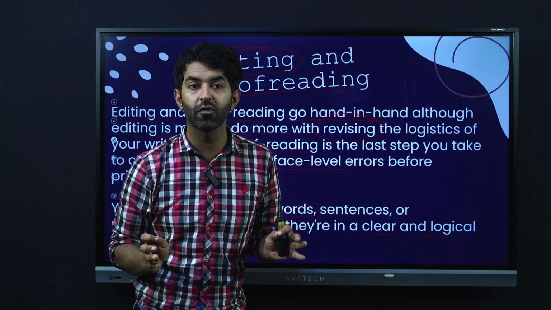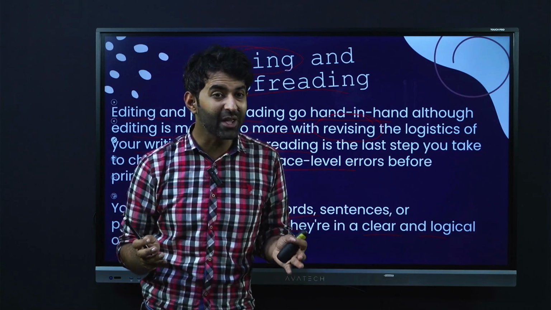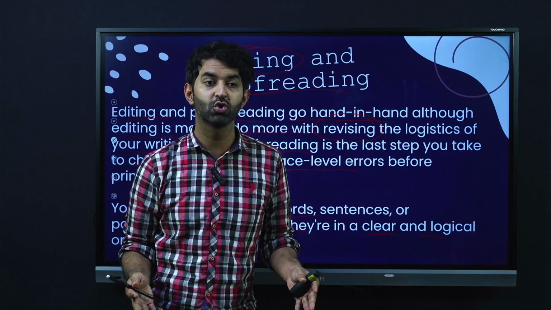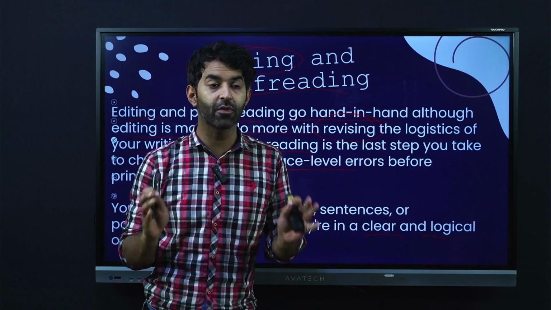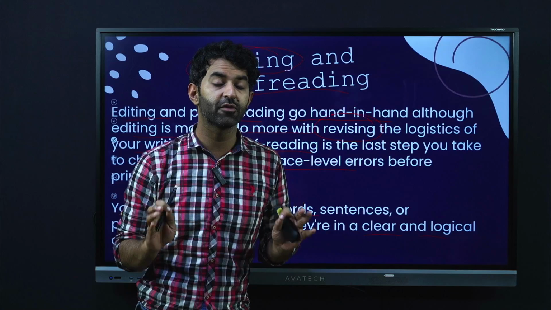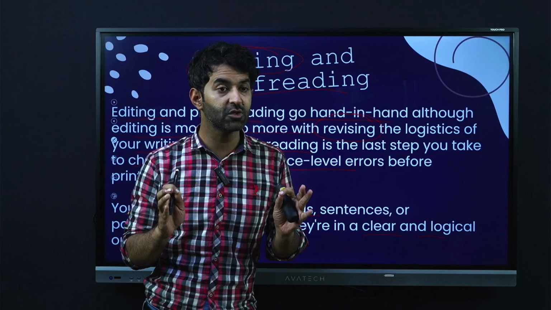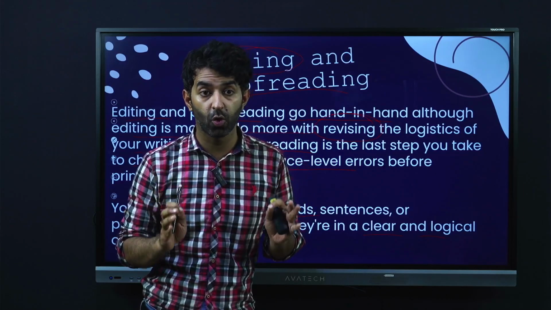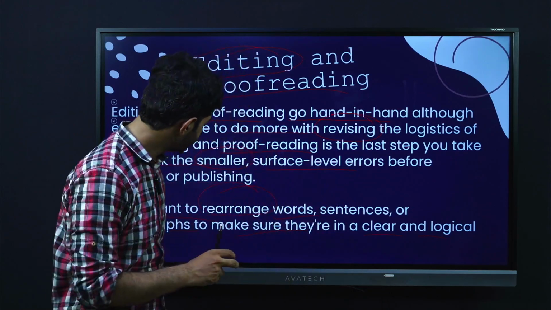If the first letter of your title is small and it is in lowercase, it means it is wrong. You should be starting it with a capital letter, right? So you need to see all these kinds of surface level mistakes that are very clear to you. First, you will edit out those mistakes that are very much clear to your eyes.